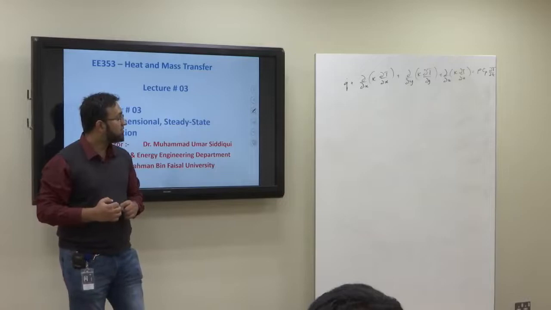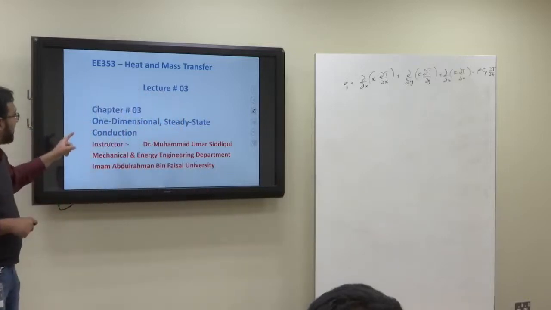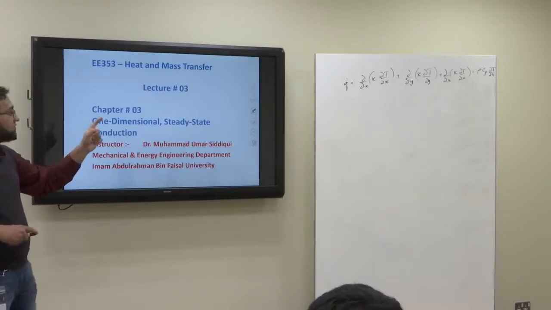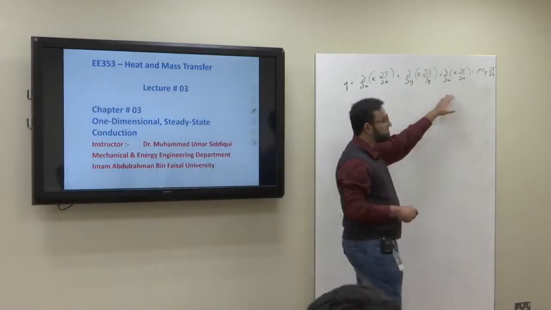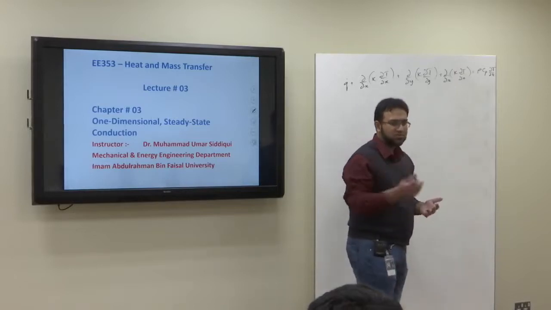Now this chapter number 3 is about, read the name, one-dimensional steady-state conduction. When we say one-dimensional, what does it mean? It means y and z cancel. Normally we consider the one dimension as x.